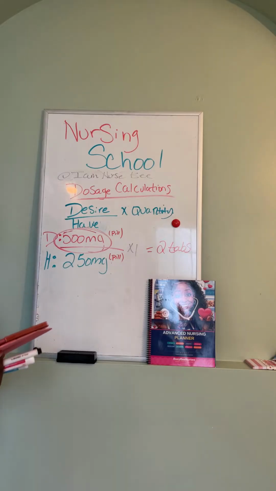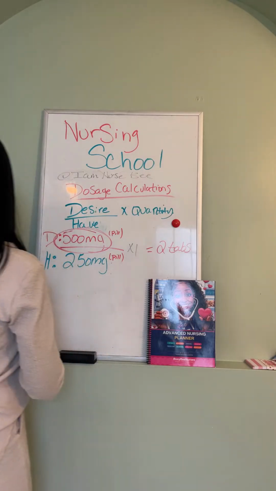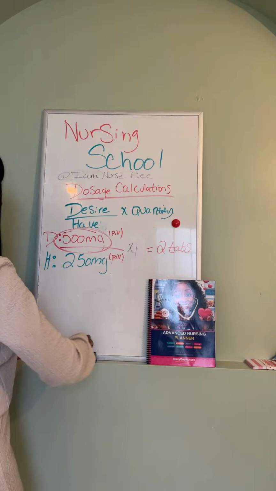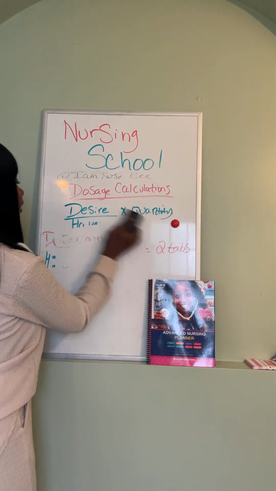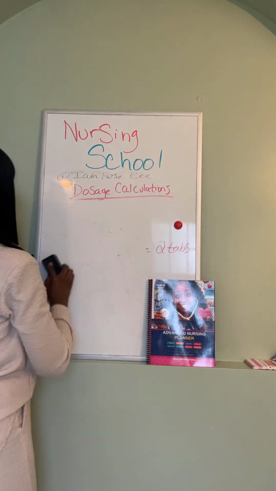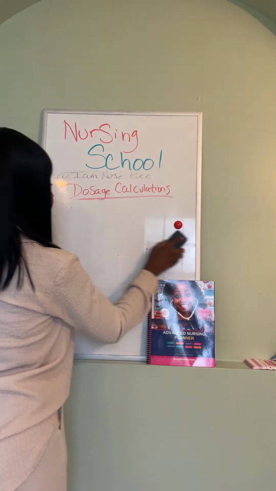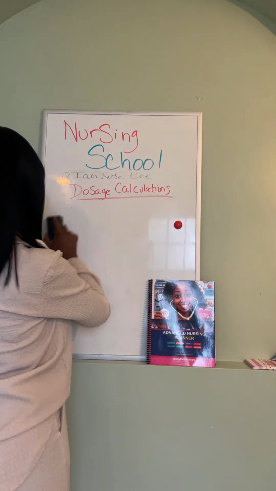I just want to make sure you guys have this. All right, so let me erase, and we'll go on to the next question. We're just going to focus on desired over have for this lesson here.